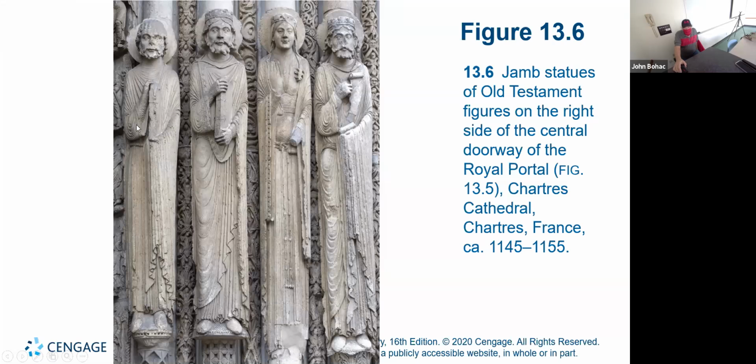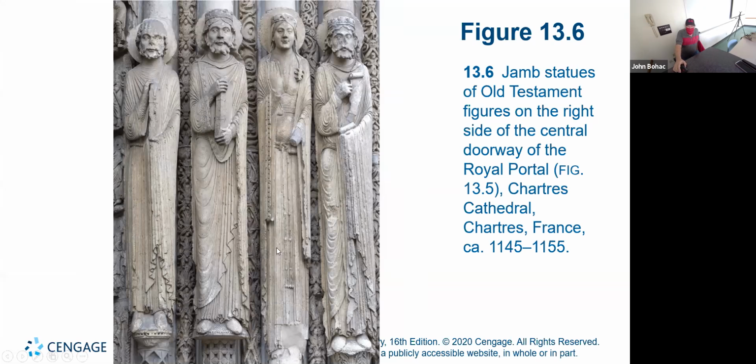Now, it doesn't really give you a good idea of what's under the cloth. It was just basically stylized. It's not nearly as developed as what we saw in, say, ancient Greece and Rome, where the clothing seemed to conform to the body.